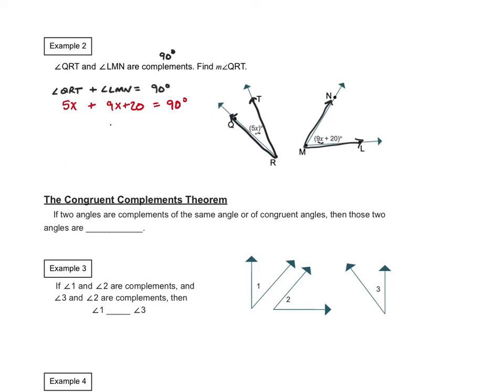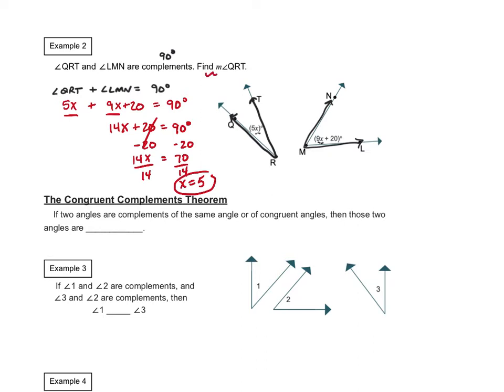I combine like terms, and I end up having 14x plus 20 because 5 plus 9 is 14. Then I continue to combine like terms by moving 20 to the other side by subtracting it. What I subtract from one side, I must subtract from the other. So 20 minus 20 becomes 0, and I have 14x equal to 70. Divide both sides by 14, and I believe x is going to be equal to 5.